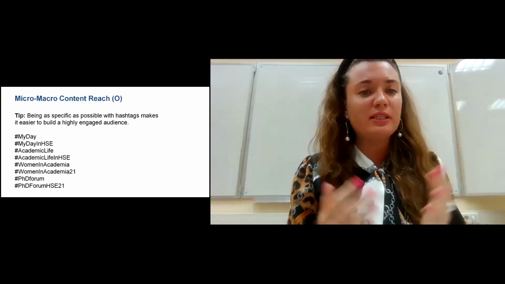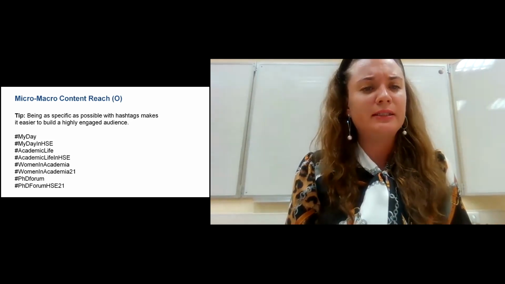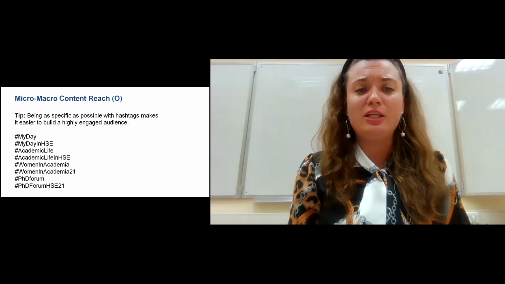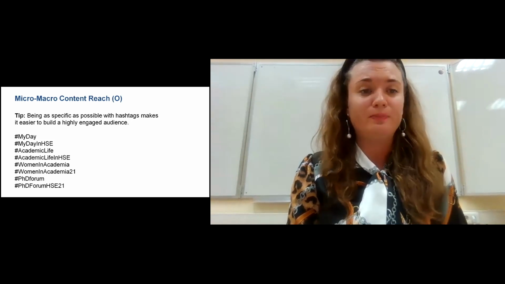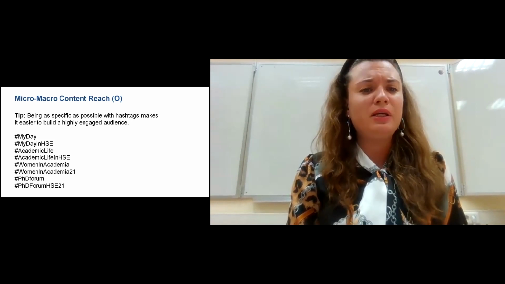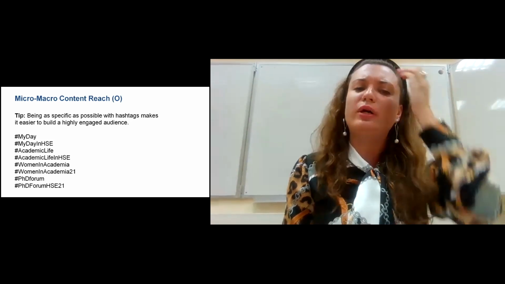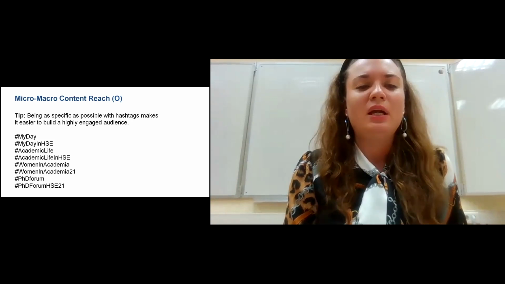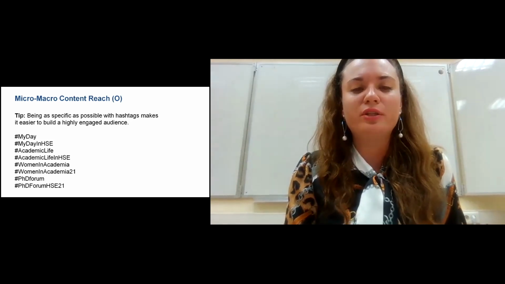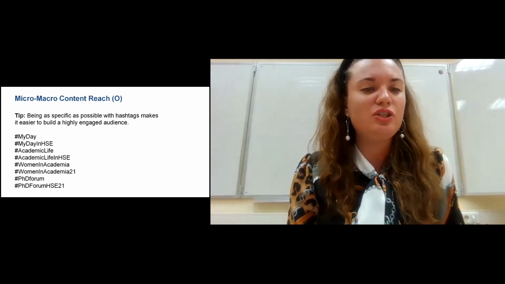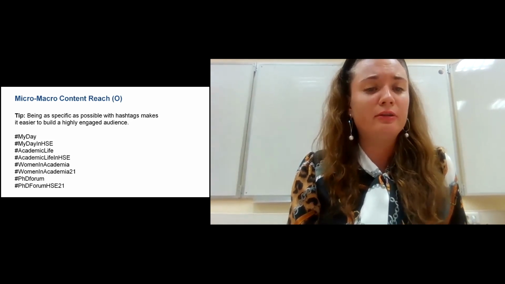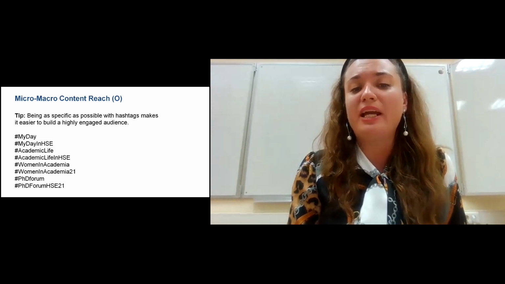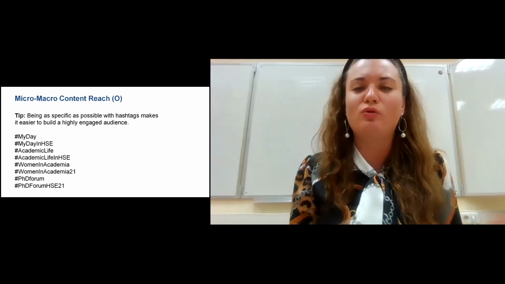Academic life is a macro content, while academic life in HSE is micro. Women in academia, or Women in Academia 2021, makes it more modern, up to date. PhD forum is a general or macro reach, while PhD forum HSE 21 is more focused.